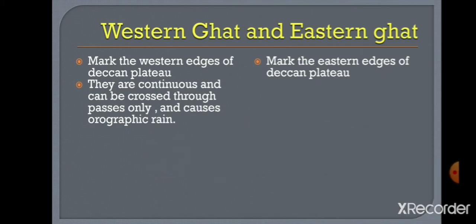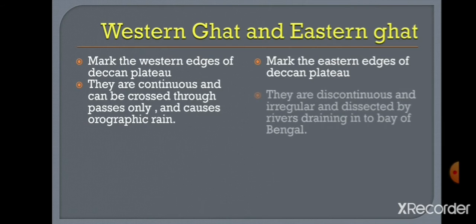So basically the Western Ghats are continuous, continuously elevated, and can be crossed only through certain passes, and they cause orographic rain, which I have told you about.